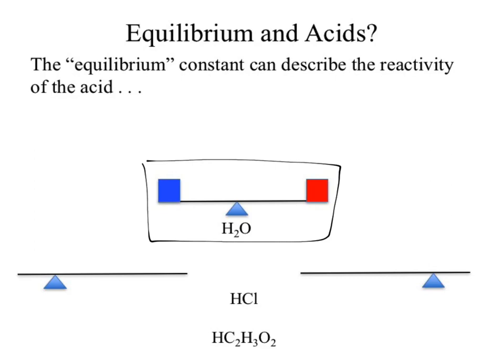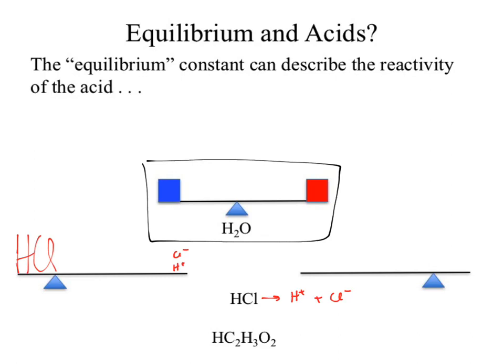It's more towards one side, one side stronger than the other. So are we saying we have a lot of HCl and a little bit of H+ and Cl-?